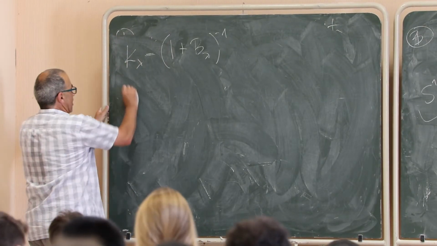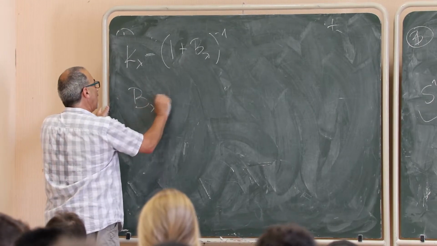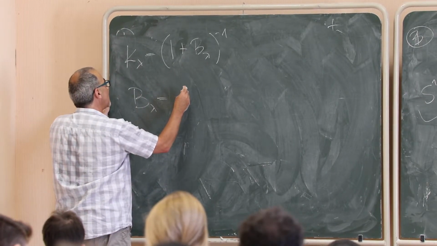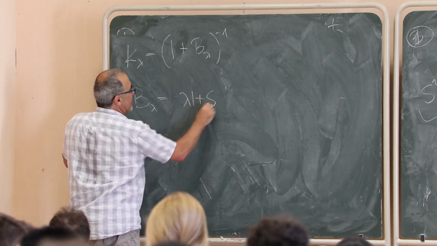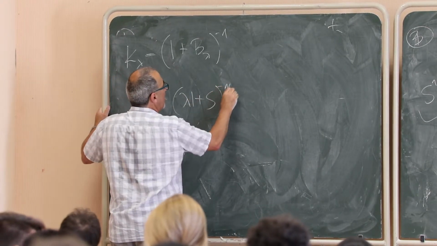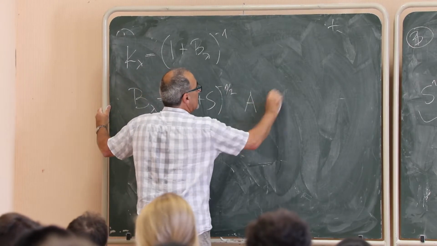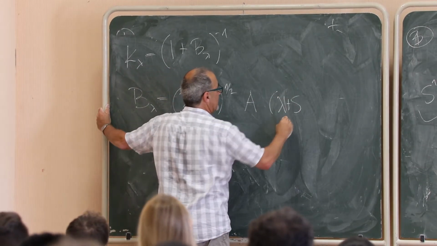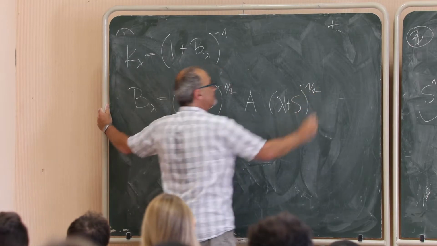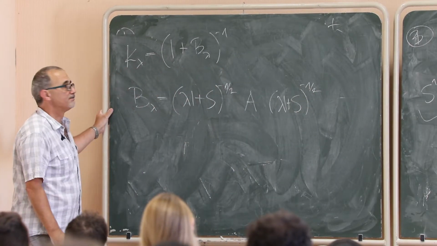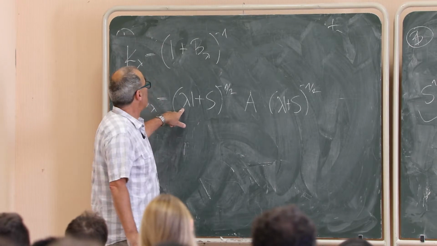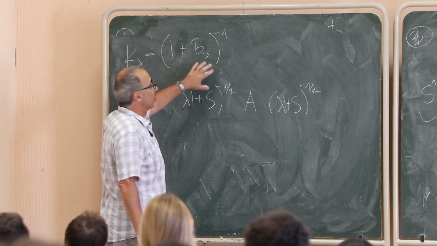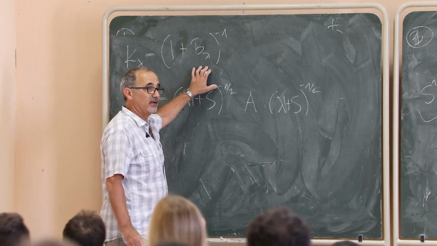And B lambda, just to recall, was (lambda plus S) to the minus 1/2 A (lambda plus S) to the minus 1/2. As long as lambda is finite and positive, there is no problem here. These are well-defined, bounded, and so on, as we have seen.